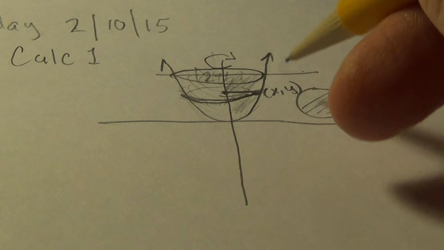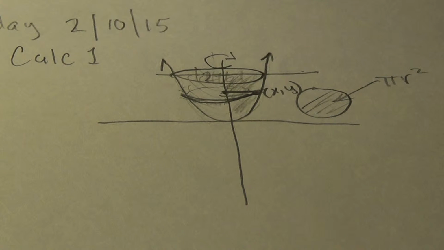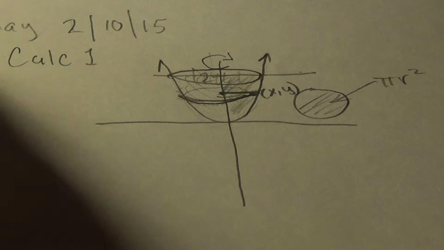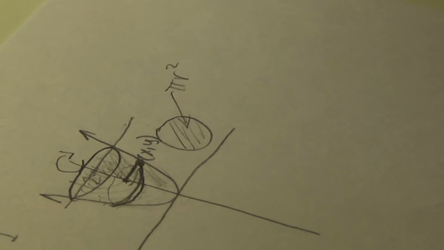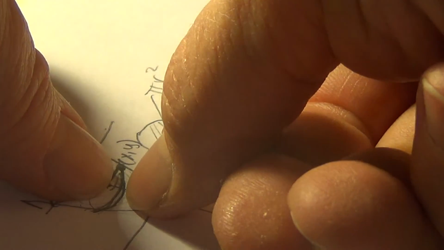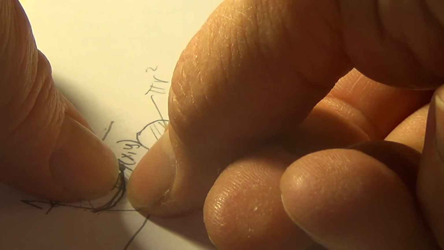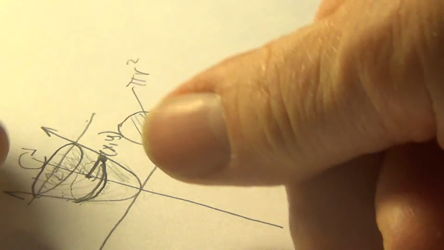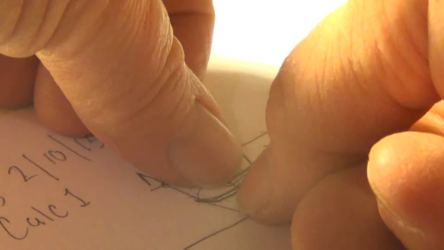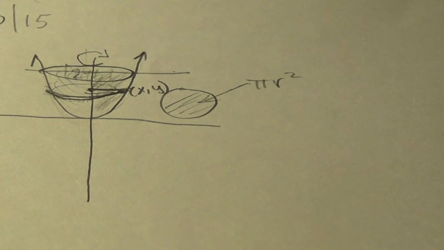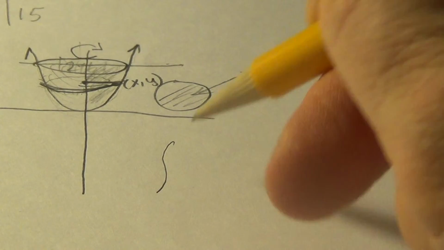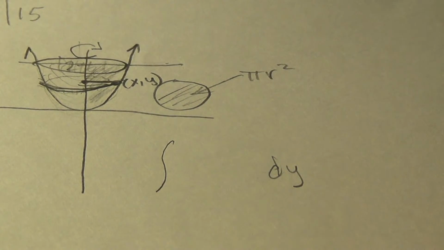So it still is a thickness, but it's very, very small. In fact, if I was going to put my thumbs on that thickness, they would show up right there. And I can read the distance between my two thumbs on the y-axis. So it's a very small change in y. So that change in y is going to show up in my problem as a dy behind the integral.